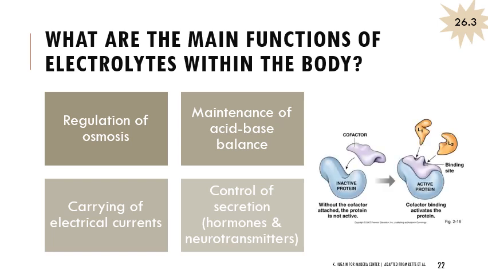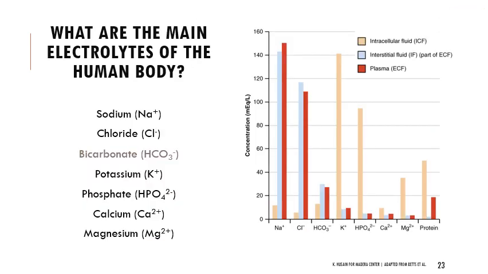Another thing that electrolytes do is they can serve as cofactors. Proteins, and especially enzymes, aren't always active. Sometimes they need to have a cofactor that binds to them and makes them into the correct shape. And so you need these cofactors for enzymatic reactions to occur and before binding can occur. Remember, you saw this plot earlier in the lecture.